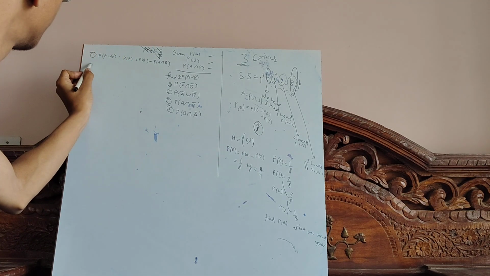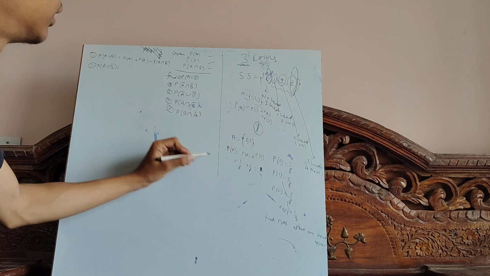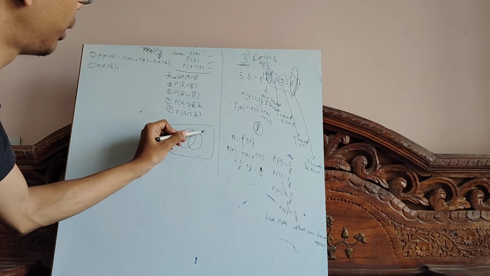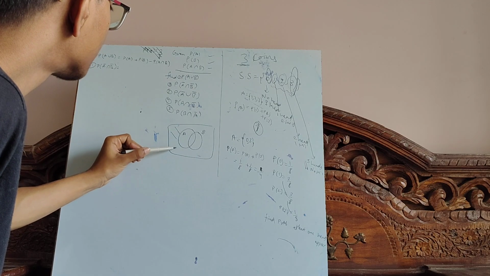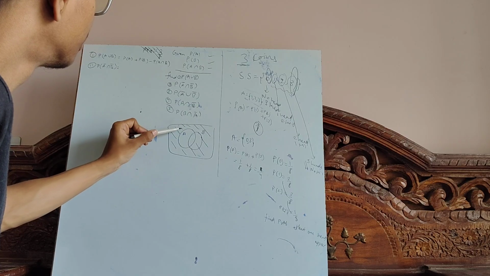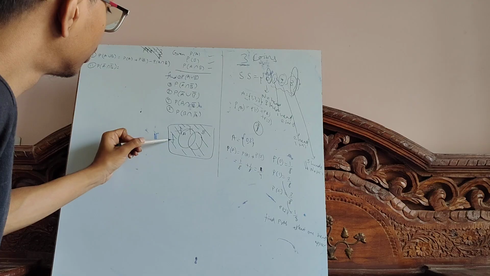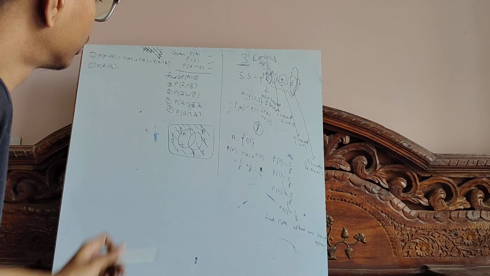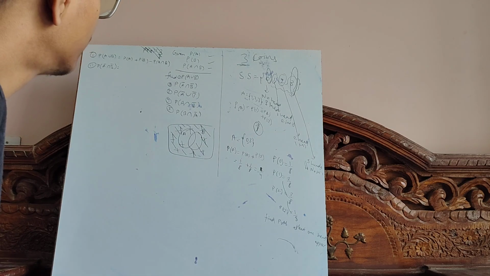Now second is probability of A complement intersection B complement. So what does it mean? It means suppose I have this event A, I have this event B, right? Now A complement means this whole but not A, right? B complement means this whole but not B, right? Now the intersection of these two is what?